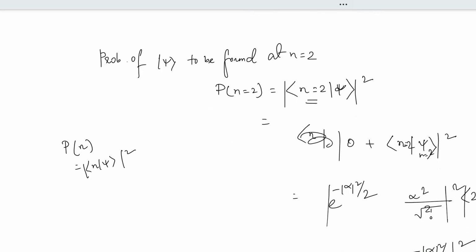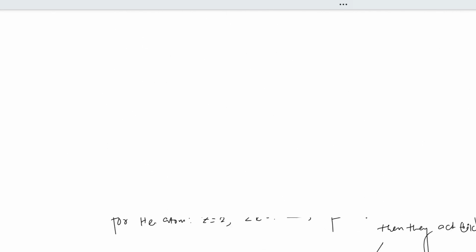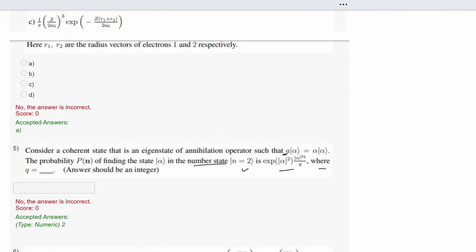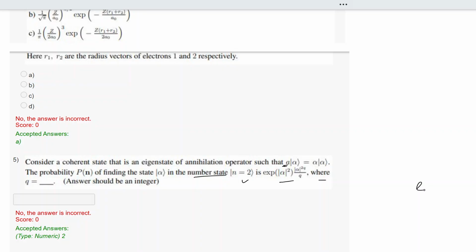Now you get that this is alpha to the power 4 by 2 e to the power of minus alpha whole mod square. So now you get back to this problem, that you got e to the power of alpha whole mod squared, alpha to the power of 4 divided by 2, right?